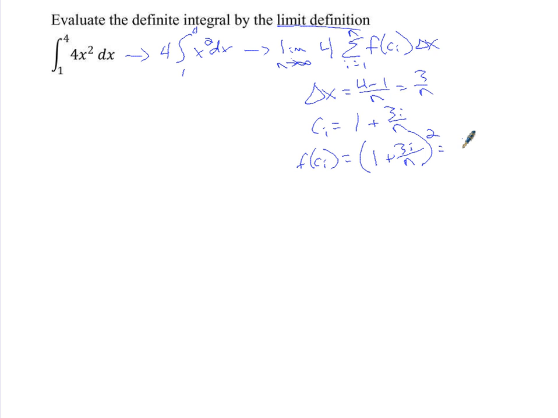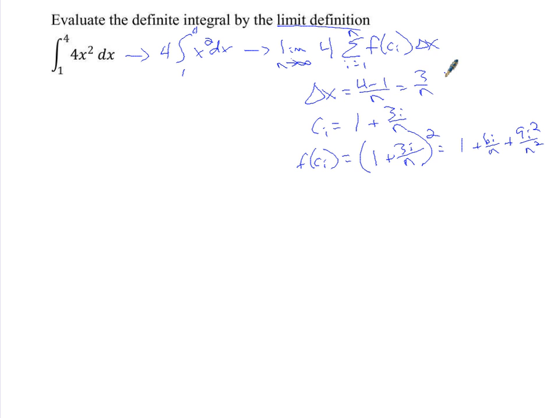1. Perfect. 6i over n. 9i squared over n squared, almost. Squaring everything: the 3, the i, and the n. Right. This is this. And delta x is this.